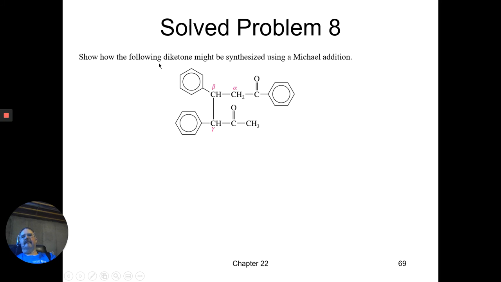So show how the following diketone might be synthesized using a Michael addition. So here's our carbonyl. We count over alpha, beta, and then we would disconnect here.